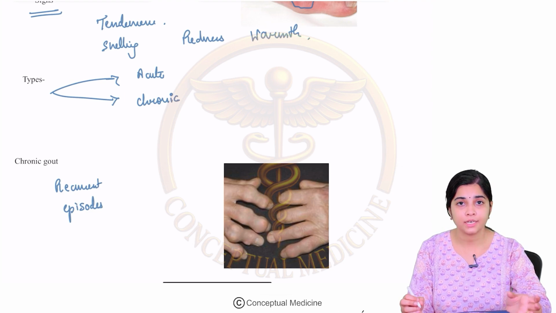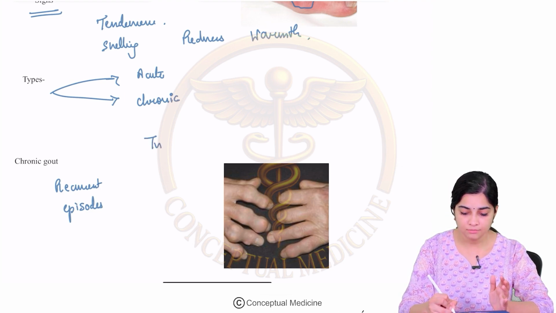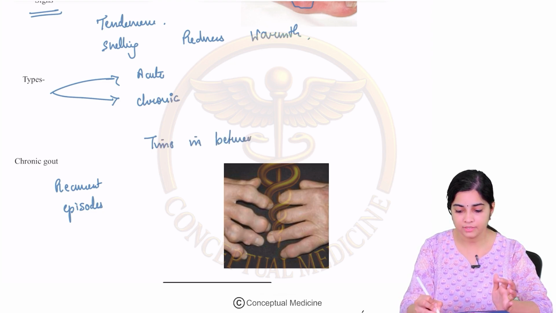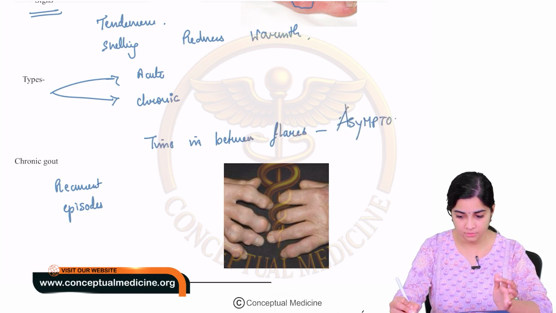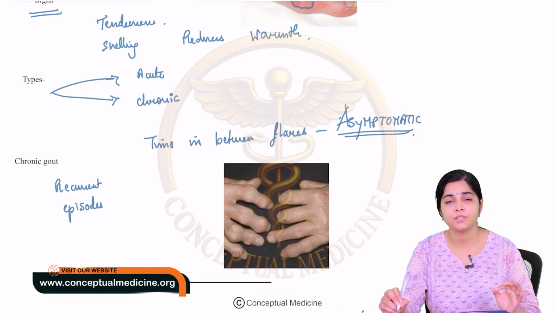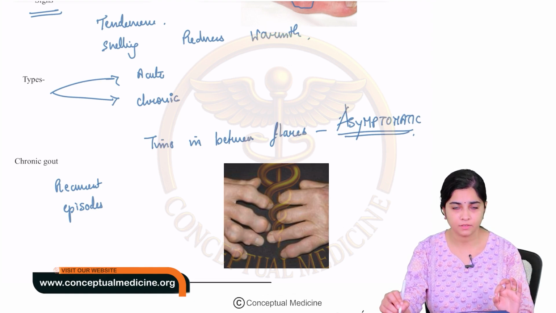So there are recurrent episodes of arthritis, and the time in between the flares, they are usually asymptomatic. Okay, so that should be very, very clear. Between two flares, the patient is usually asymptomatic, right?